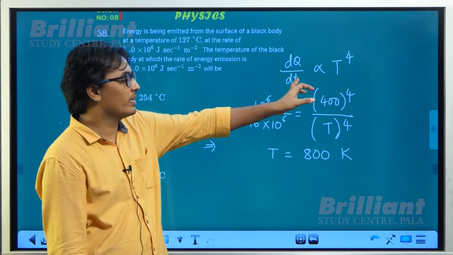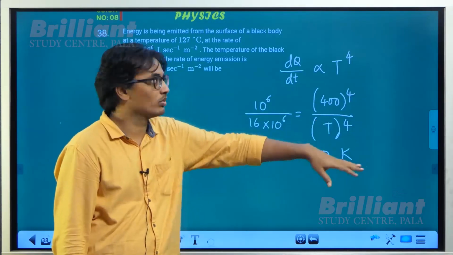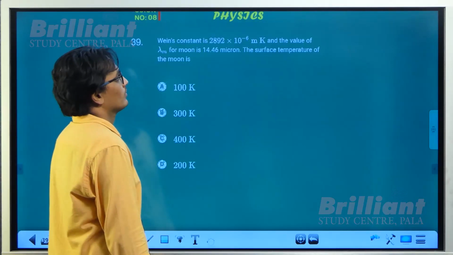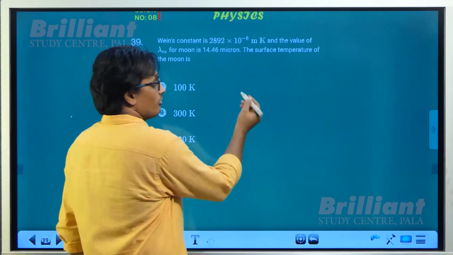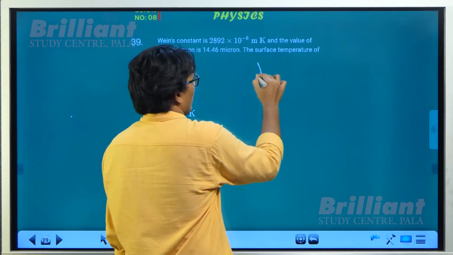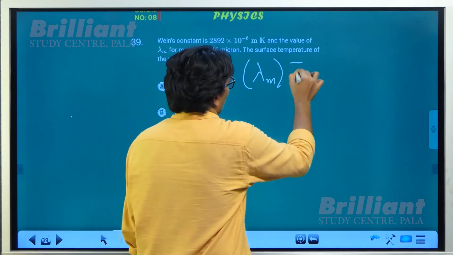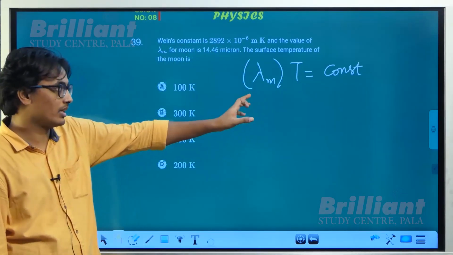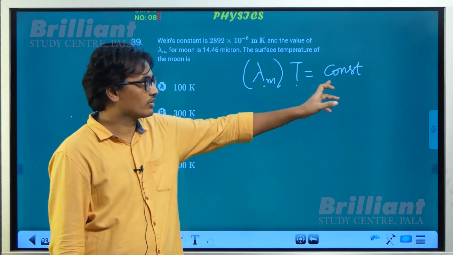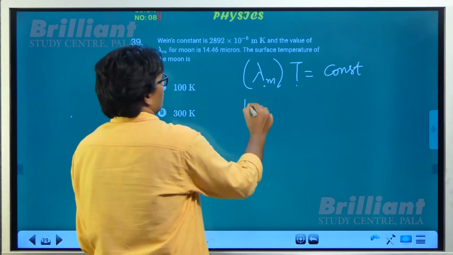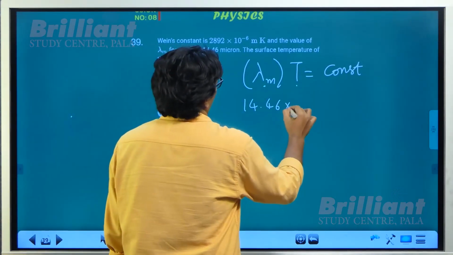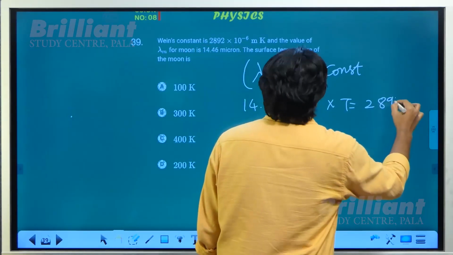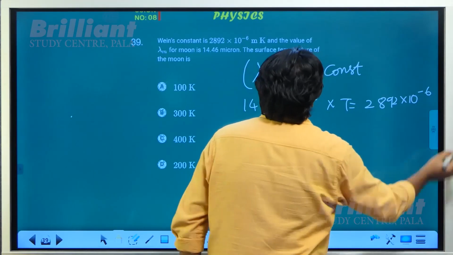Stefan-Boltzmann's law: dQ by dt is equal to A sigma T power 4. Same black body, so the area is the same. They give Wien's constant and the value of lambda m. So we have Wien's displacement law: lambda m into T is constant. They give this as 14.46 microns into T equals 2892 into 10 power minus 6.